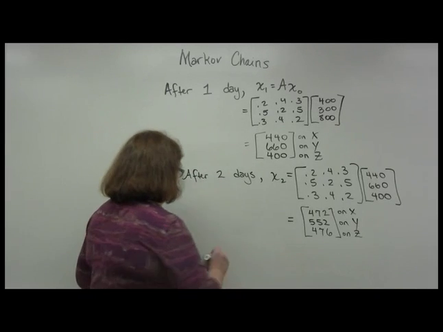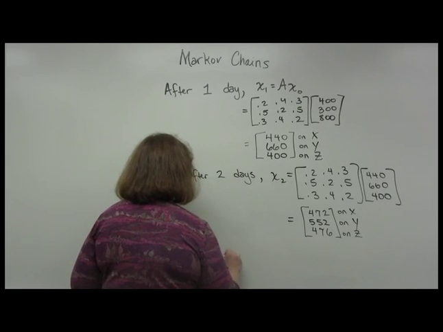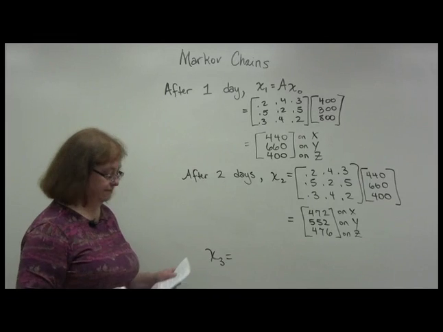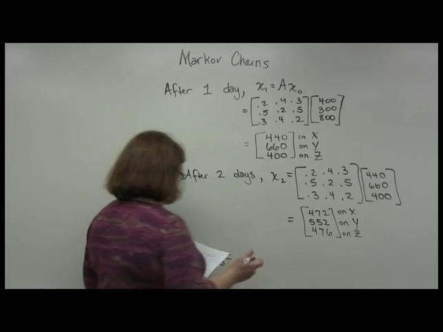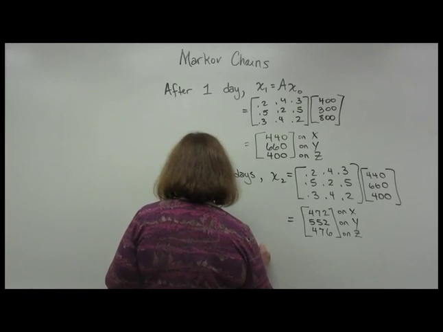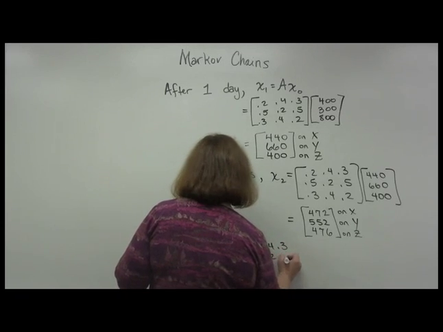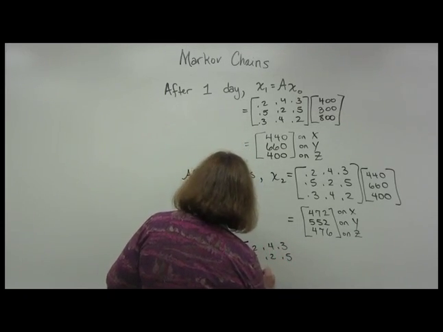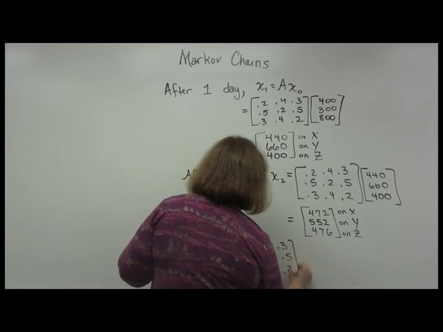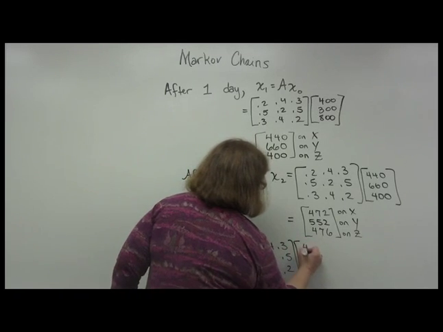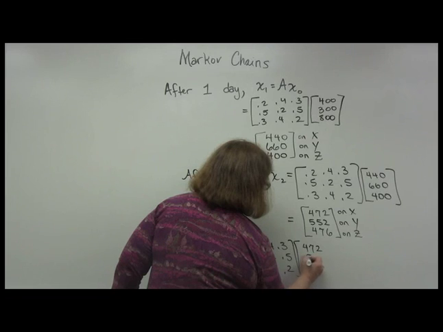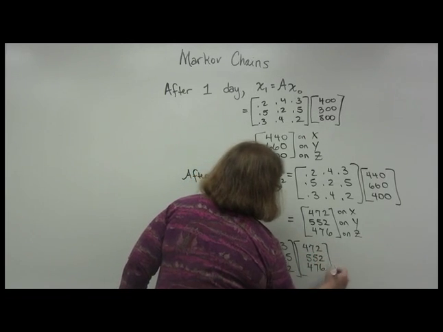If you continue this process and you get X sub 3, which would be after 3 days, you could, again, multiply your 0.2, 0.4, 0.3, 0.5, 0.2, 0.5, 0.3, 0.4, 0.2 by what I just got: 472, 552 in the second row, 476 in the third row.